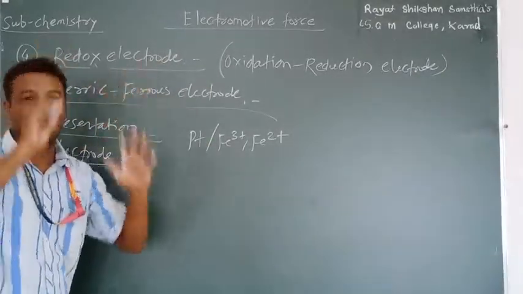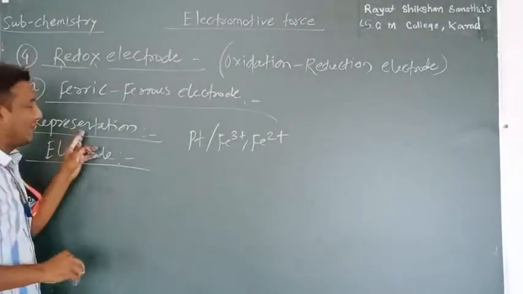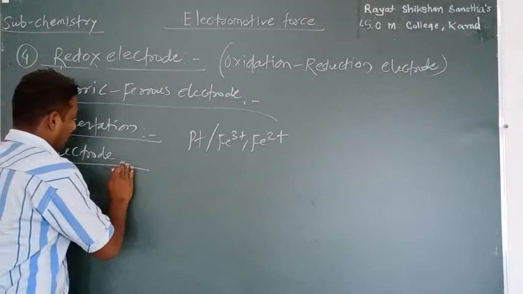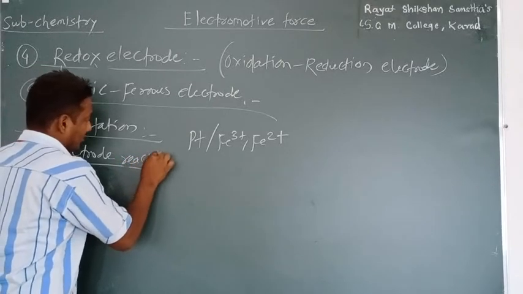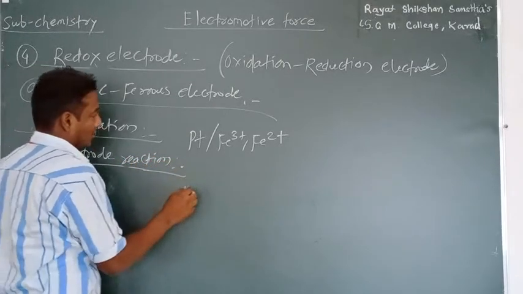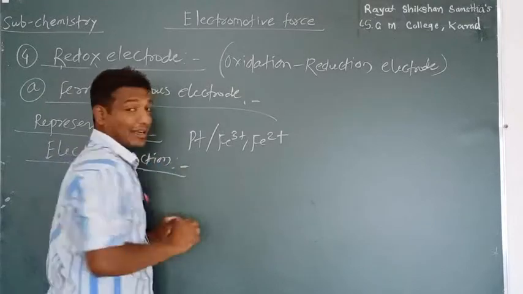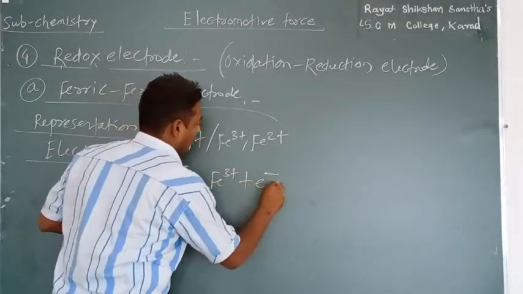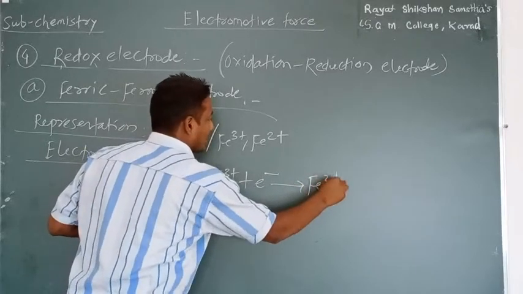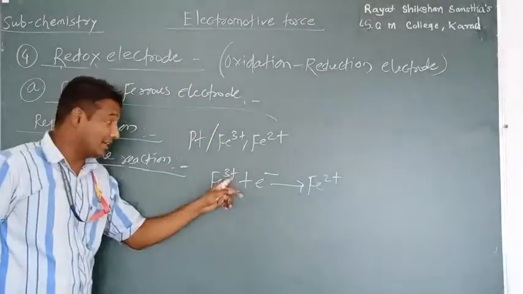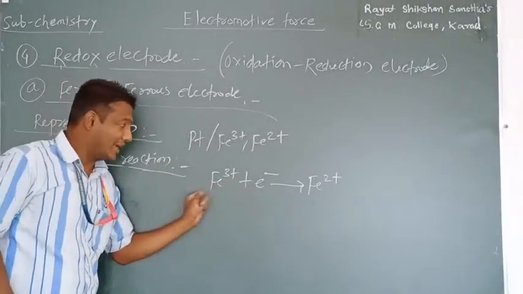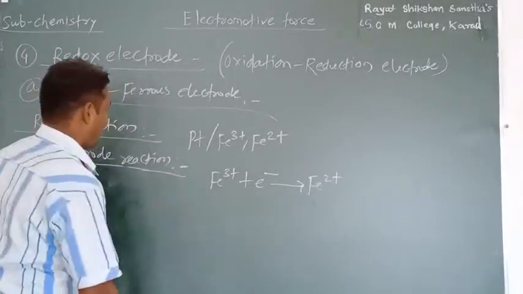It consists of inert metal. That is enough. We can directly start with the representation here. So, electrode reaction: again a reduction reaction. Fe3+ plus electron gives Fe2+. Reduction means decrease in oxidation number, or you can say gain of electrons.